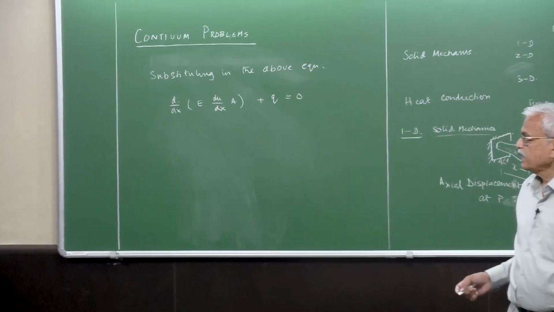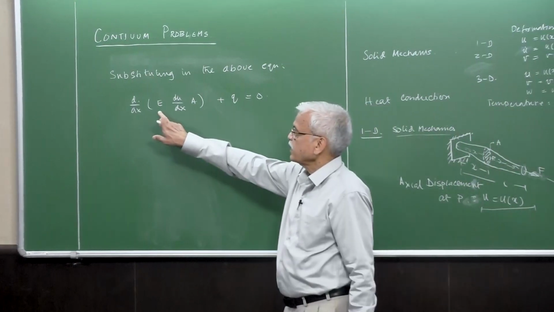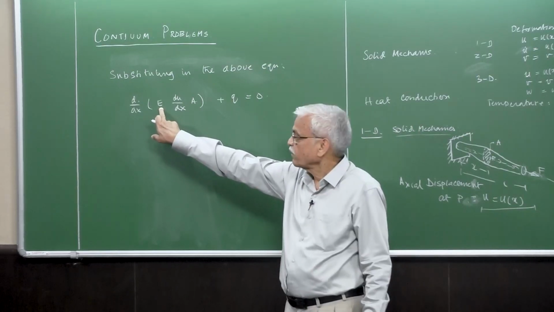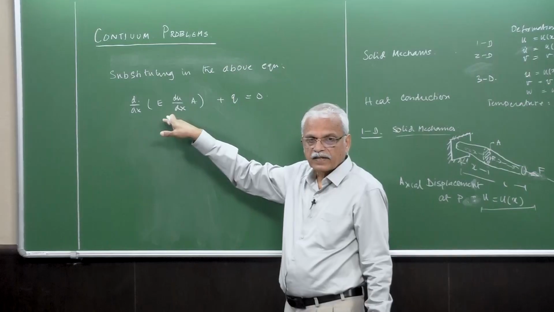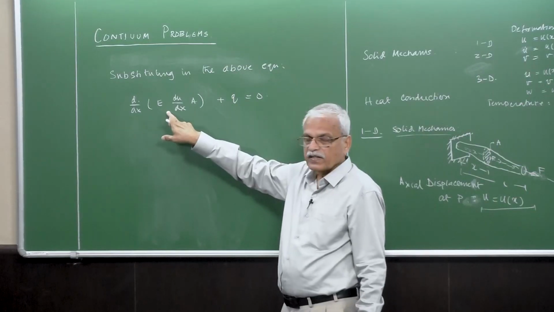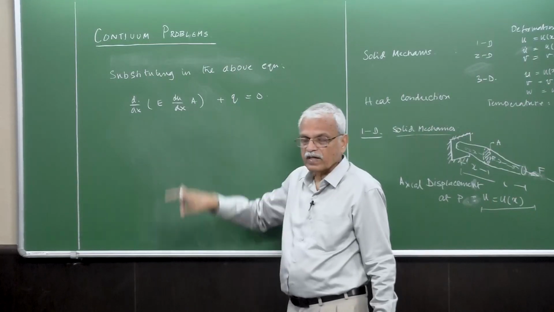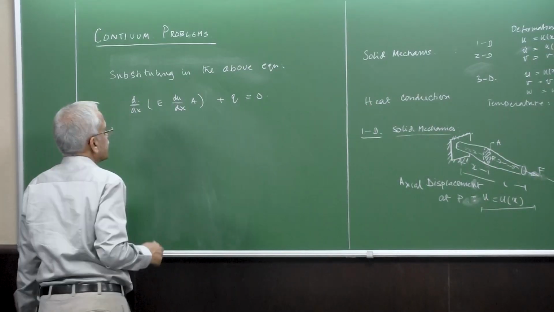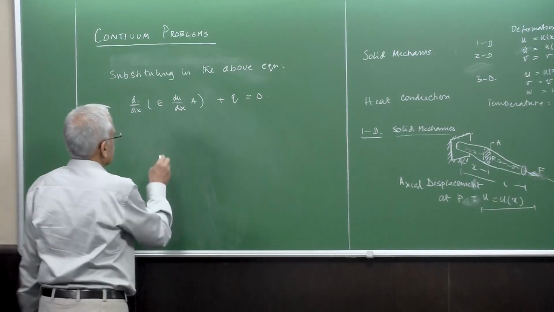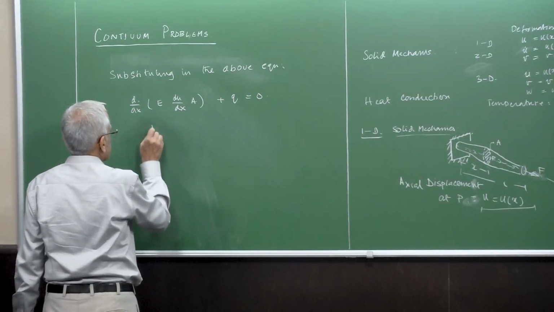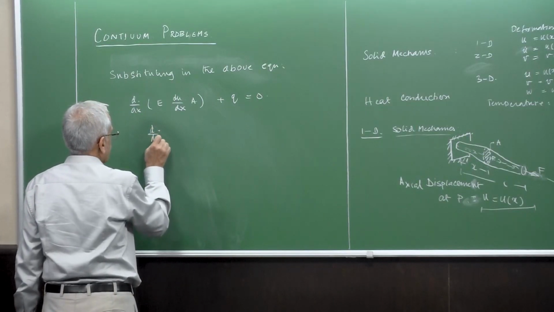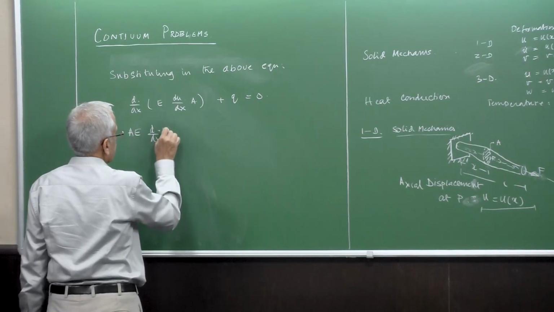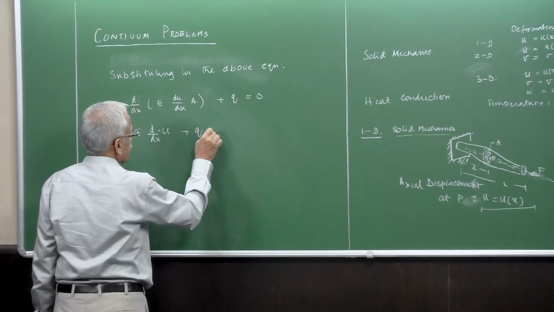Interestingly, this is a very generalized equation in the sense that if E, the Young's modulus of the material, is also a function of x, then you can differentiate it, or A also can be a function of x, and you can take that into account. If A and E are constant, you can write it like this.